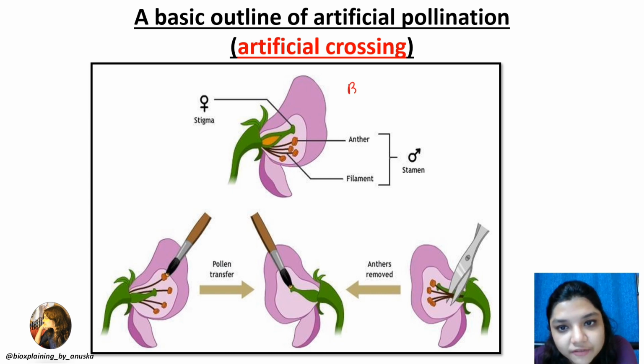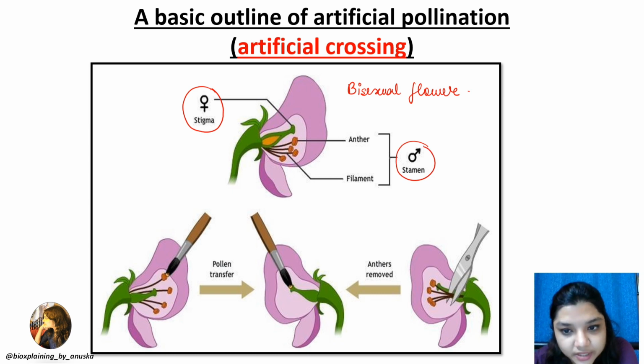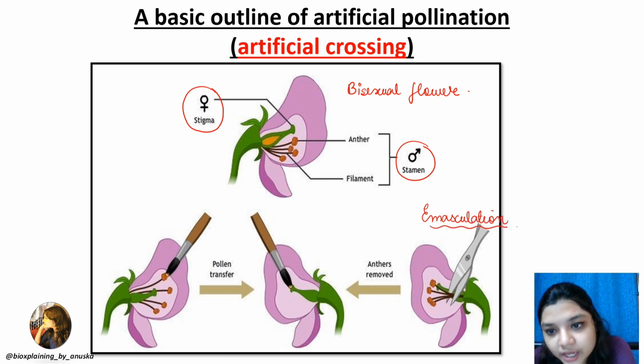So what we have with us is a bisexual flower, right? When we have a bisexual flower, it means the female part as well as the male part both are present. So first what we are doing to this flower is going for emasculation. What is emasculation?